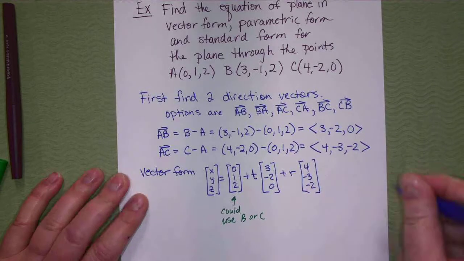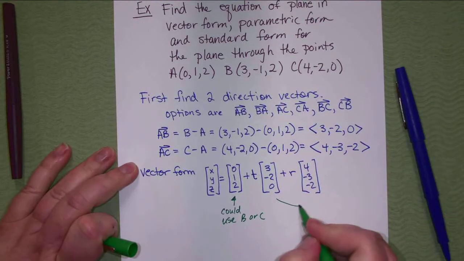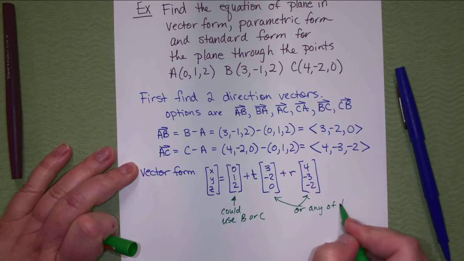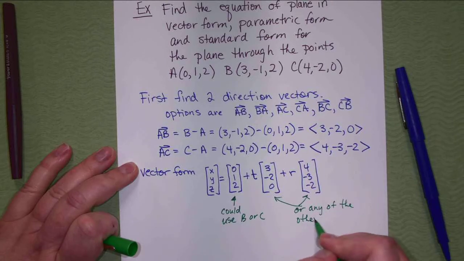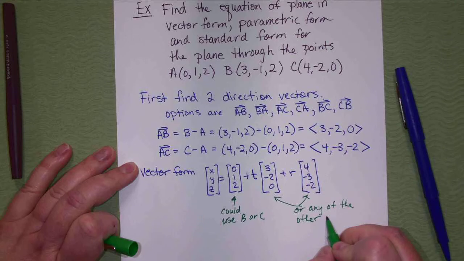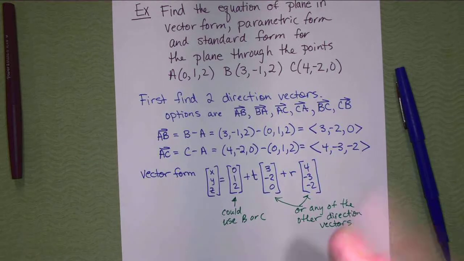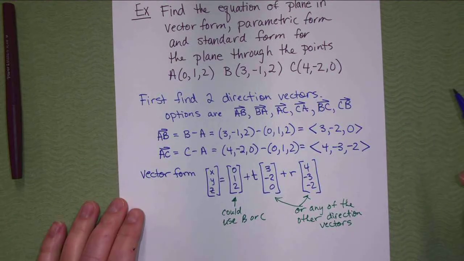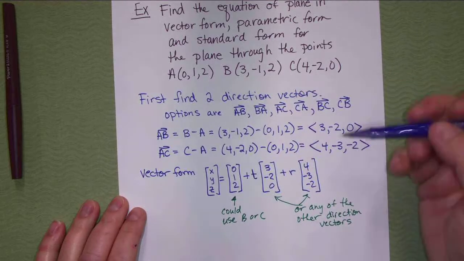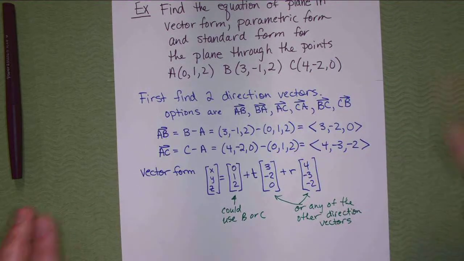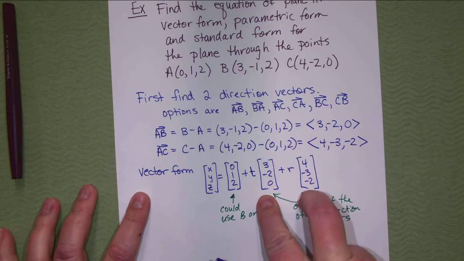And then I usually say, or any of the other ones. I just usually say that, like, to remind you. You could have done different ones than me, so. Right, there were 6 possibilities. I just did 2 of them. So that's vector form. So you find the 2 vectors and just make sure you don't put points in where the vectors are. That has to be a point, and these are the vectors.